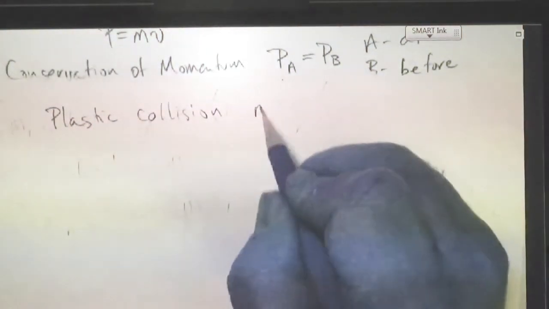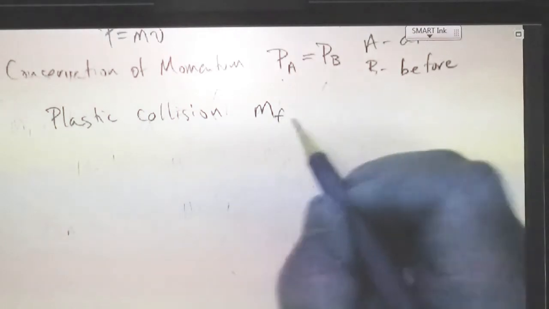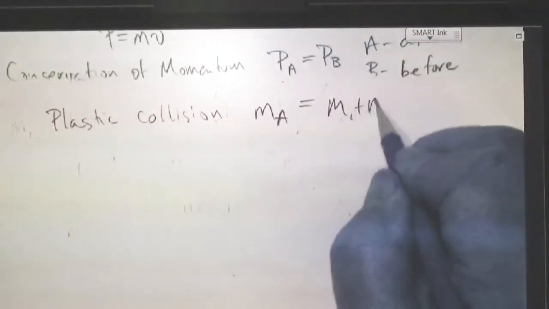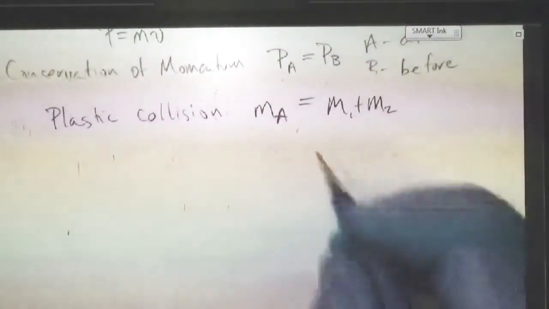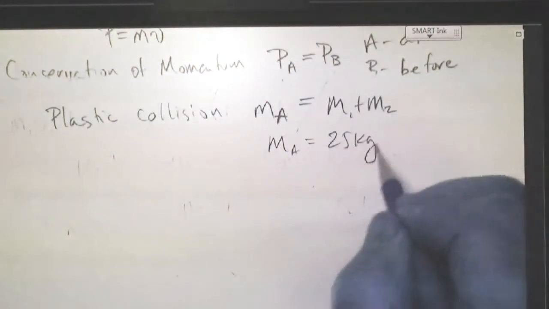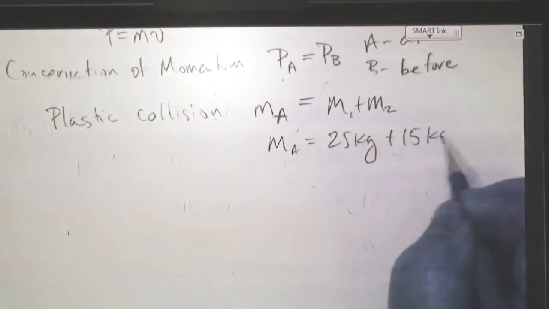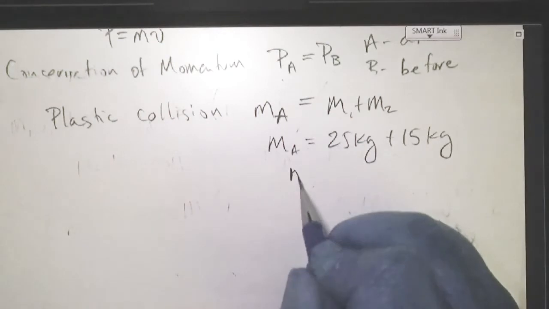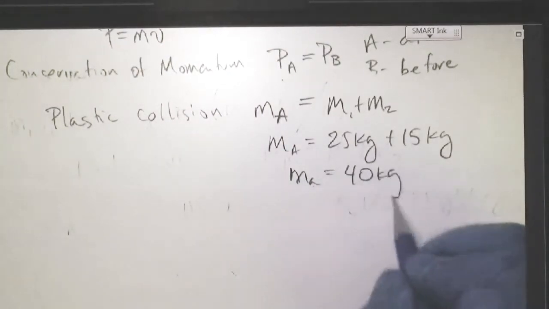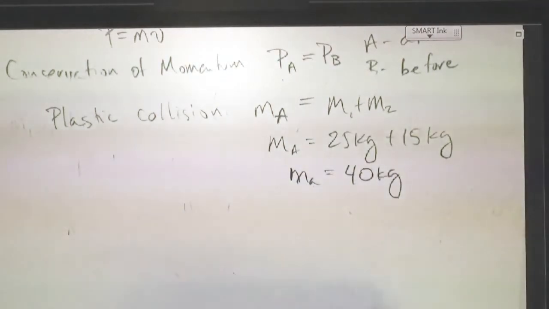So the mass after is equal to mass 1 plus mass 2. In this particular case, that's just 25 kilograms plus 15 kilograms. So the mass after is 40 kilograms. And that's one mass moving off together.